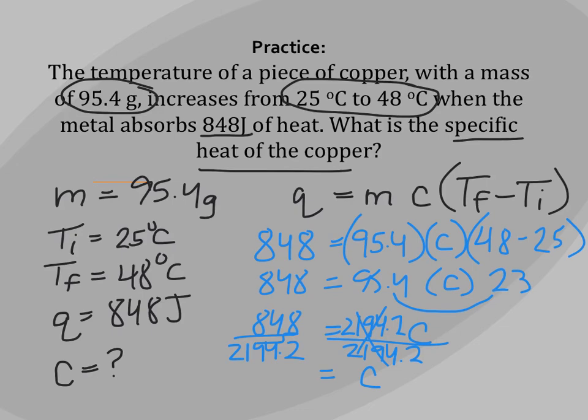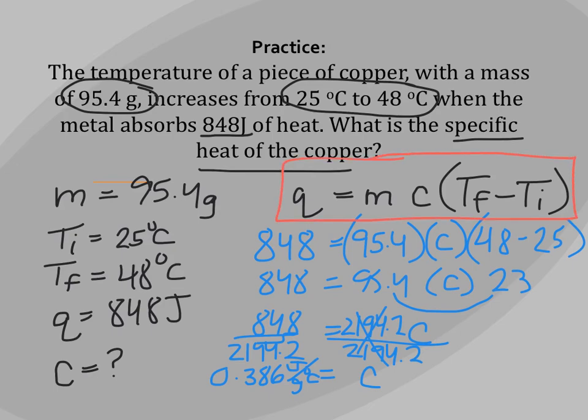The answer I end up getting is a decimal, and it's not a pretty number, and that's normal for specific heat. It becomes 0.386. And if I look on my chart to get an idea of what my units are, it's going to be for specific heat capacity, joules per gram, degrees Celsius, okay? So we've applied a bunch of different ideas and put it together in one relationship.